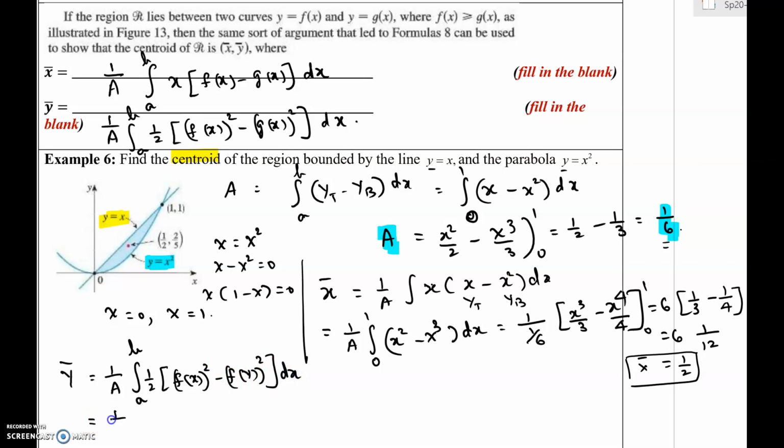That is 1 over 2A, then integral from 0 to 1 of f of x squared, which is the top curve squared, so x squared, minus the bottom, which is x squared, and you have to consider the square of that, so it's x to the power 4 dx.